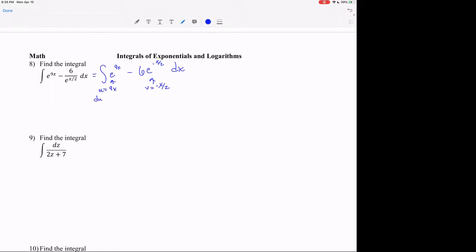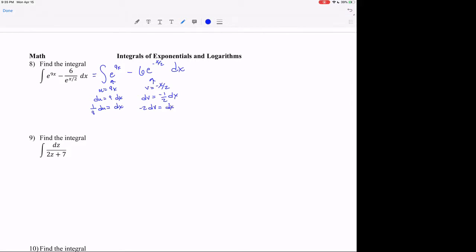So then du equals 9 dx. So you have 1/9 du equals dx. And here you have dv equals negative 1/2 dx. So you get negative 2 dv equals dx.